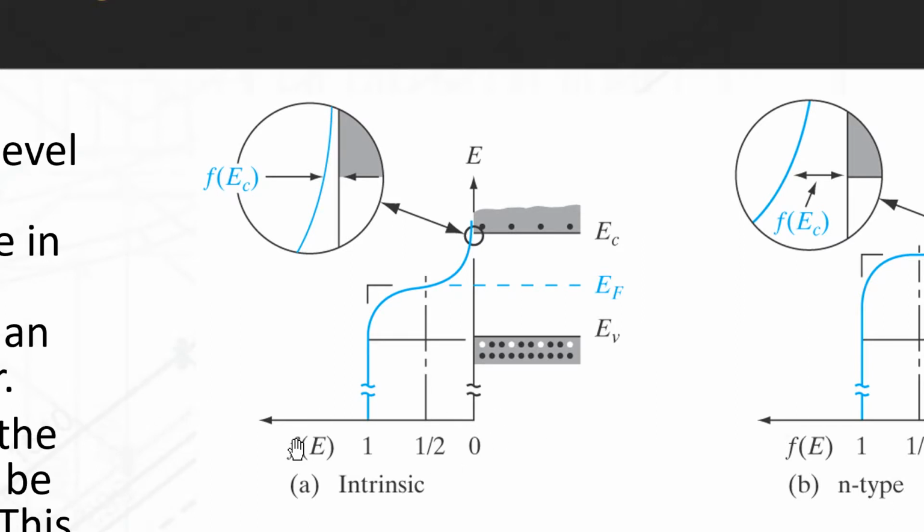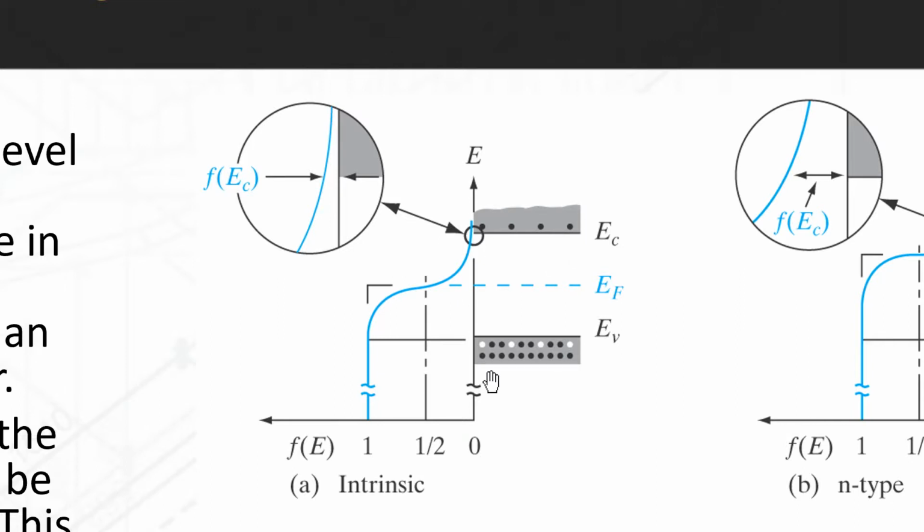So we basically took the graph from the last slide and rotated it counterclockwise 90 degrees. The Fermi function here is 1, the Fermi function here is 0. The probability of finding an electron transitions from 1 to 0 as you increase the energy. So the electrons are more likely to be below the Fermi level, less likely to be above.